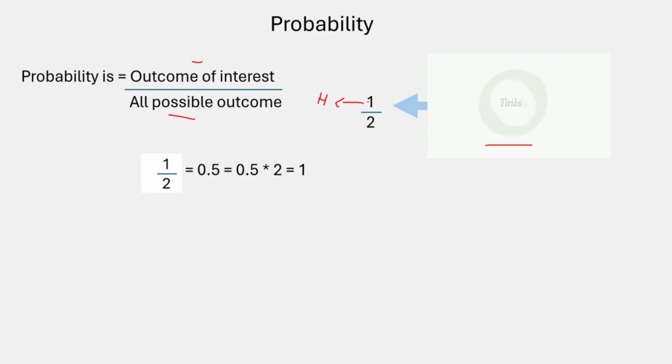So this is one chance of head divided by 2, because we have two possibilities, head and tail. My probability of getting head is 1 divided by 2, which simplifies to 0.5. So my probability of winning is 50%.